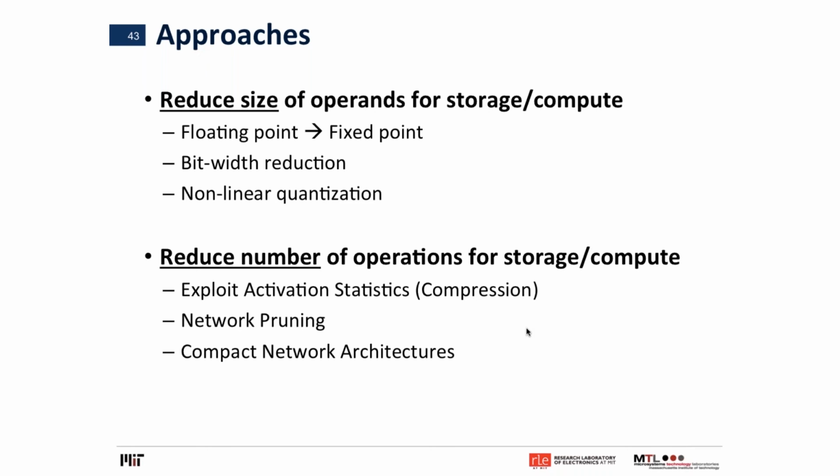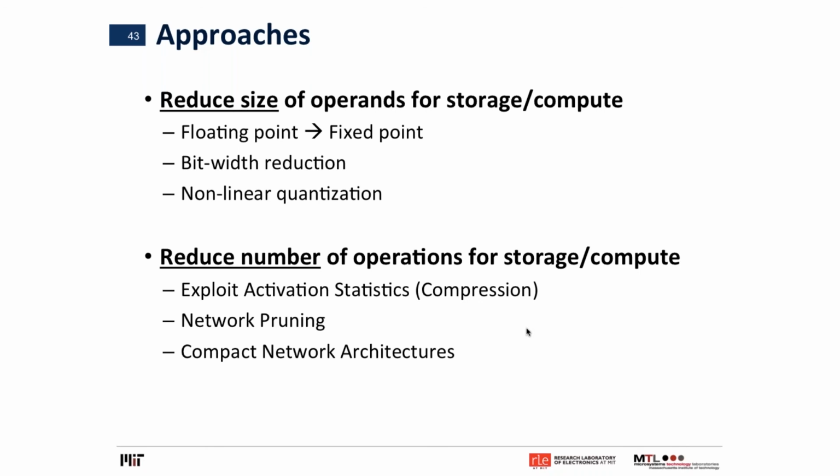This is looking at things like exploiting activation statistics, network pruning, and compact network architectures. So I'll briefly walk through some examples of each of these different approaches that people have taken in terms of, rather than designing my neural network just to improve accuracy, how can I design it to be more low power, higher throughput, and more efficient?